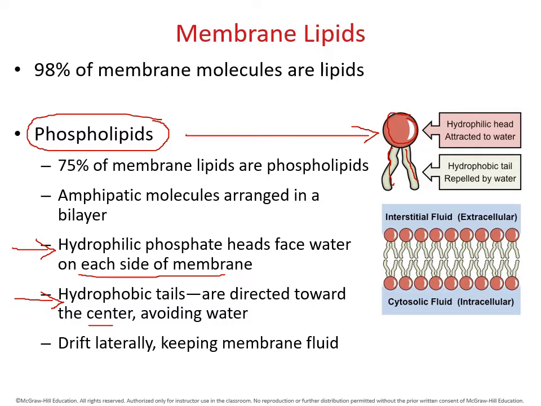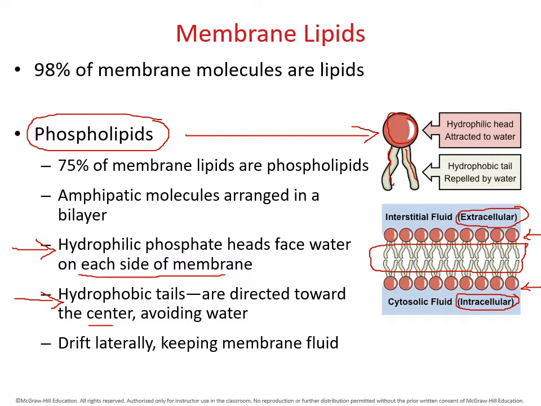So come back to your picture and you can see right here that they're stacked, that the head that's hydrophilic is pointing to the fluid, whether it's pointing to the outside of the cell and it's pointing to the inside of the cell. And then right over here, you can see that the tails are folded away in the center, allowing them to be kind of protected from the water because remember, they do have that hydrophobic component.